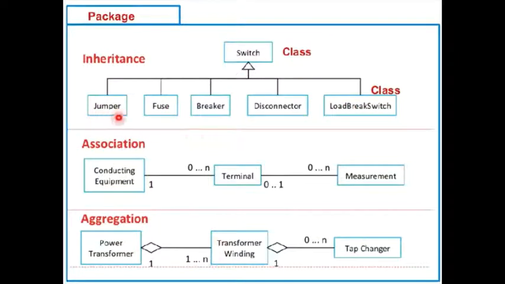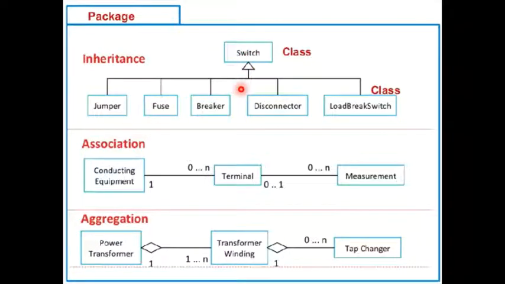So here jumper, fuse, breaker, disconnector, load break switch, all are part of switch, but they have their own specific properties which distinguish them from each other. So inheritance is represented by this triangle symbol. So whenever you have this symbol in the connection between two classes, then you will come to know that this is representing the inheritance.